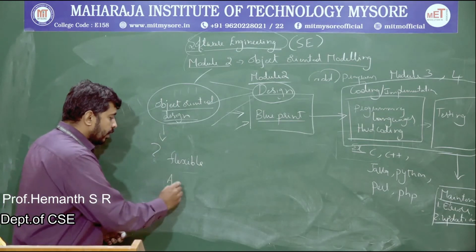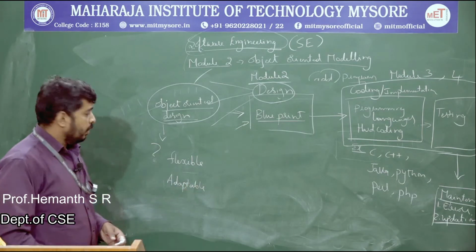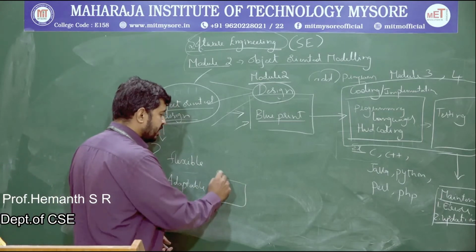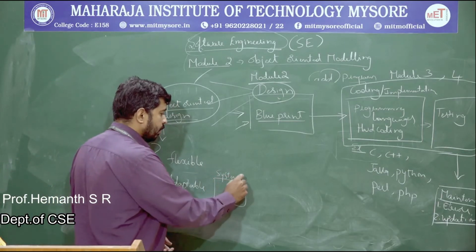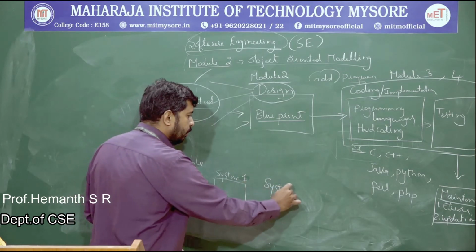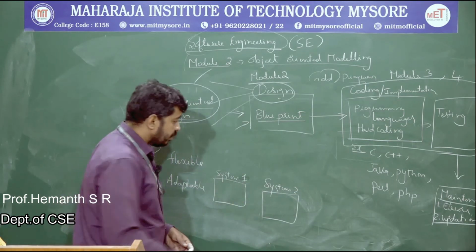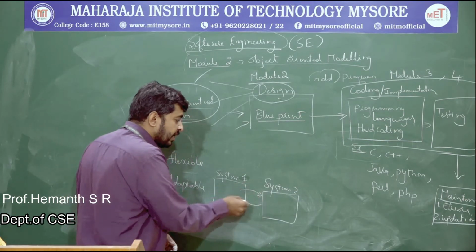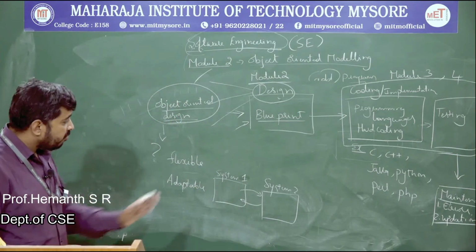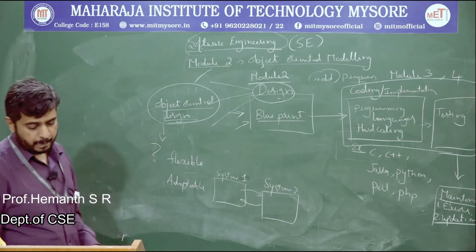Adaptable. You have a software system, I'll call it system 1, this is system 2, and if both the systems are object oriented, they can easily interact with one another, adapt with one another, and function in a synchronized way. So that is one part.